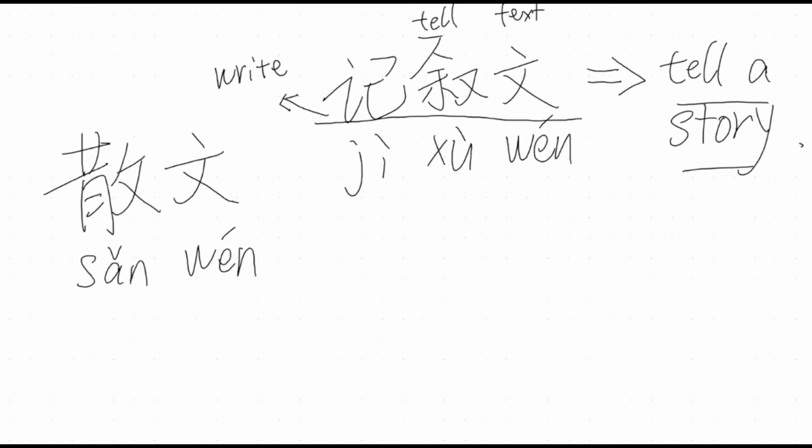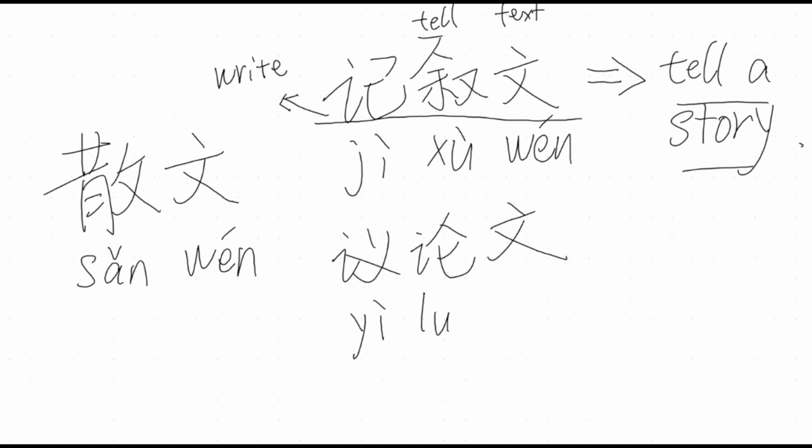The other is called 议论文. 议论 means to discuss, to talk about something. So this type of text is to talk about a topic, to discuss a topic.